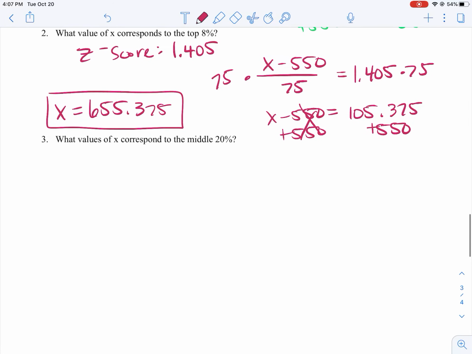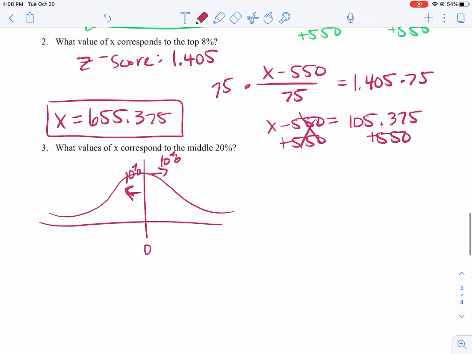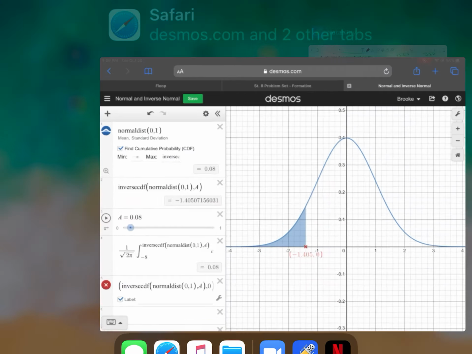And my last is the middle. Okay, so in the middle percentage, remember if I'm doing the middle 20, I have to go 10% this way and 10% this way. So when I do that, I'm going to type in for this first one, 0.4.